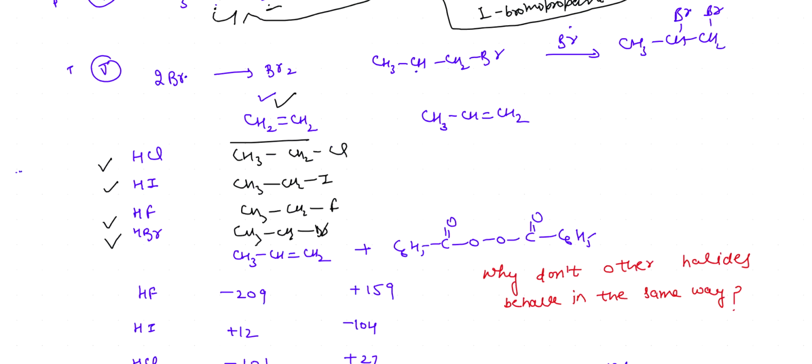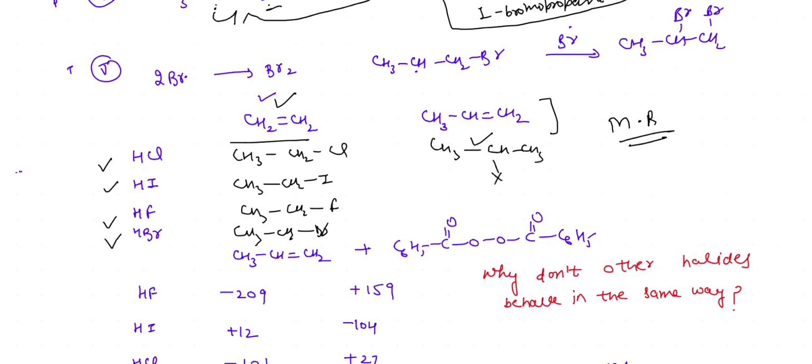Well, the problem arises in the case of unsymmetrical alkene. In case of unsymmetrical alkene, if Markovnikov rule is followed, meaning there is no benzoyl peroxide effect, then you will get the product as secondary halogen substitution.